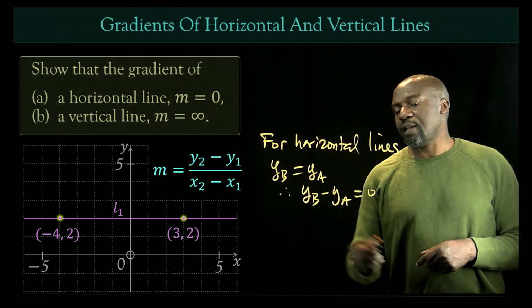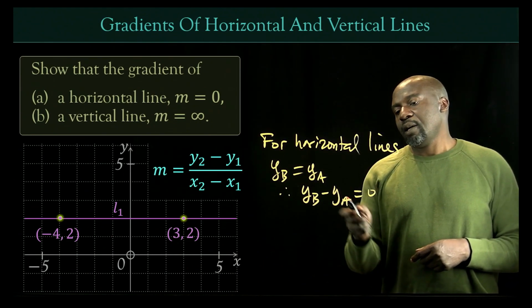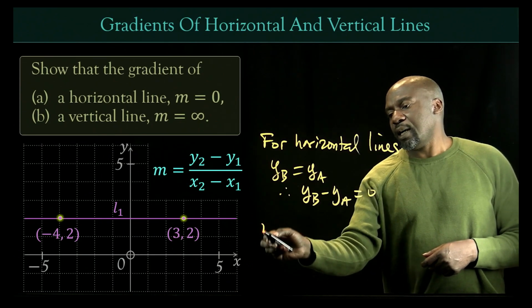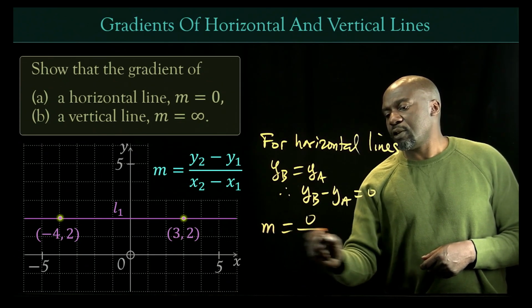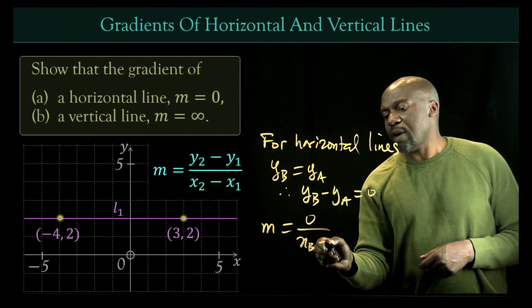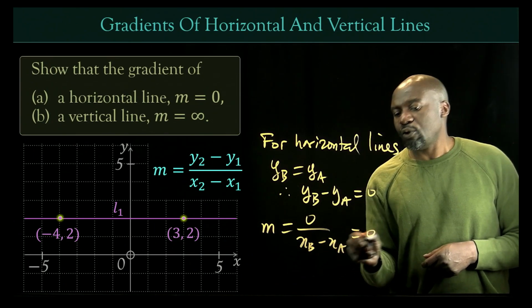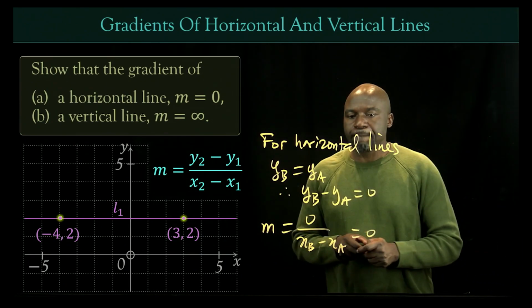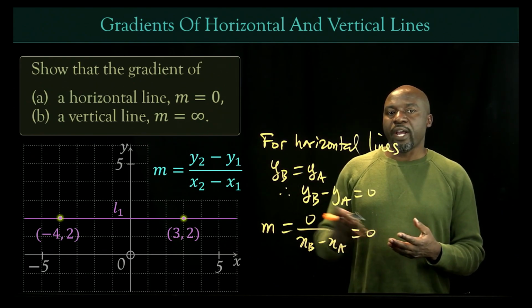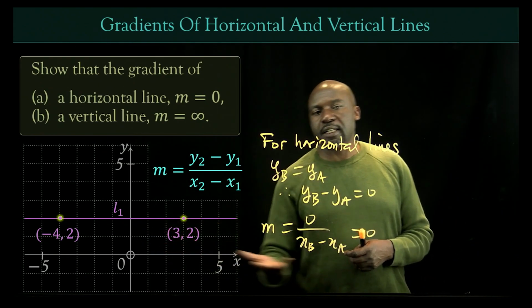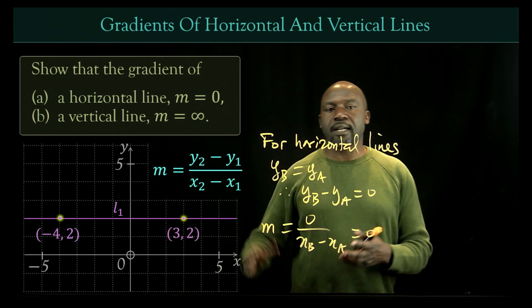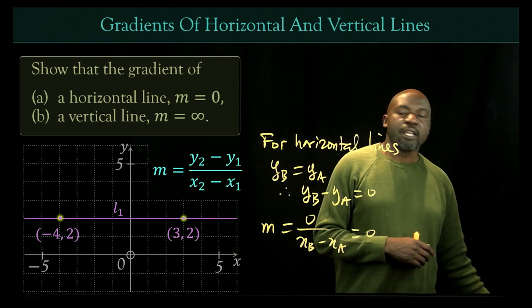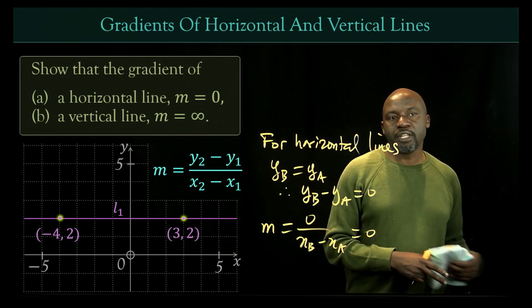So it doesn't matter whether there is an X value in the denominator. The gradient M is always going to be 0 over XB minus XA, and this is always going to be 0. So keep this in mind. It doesn't matter where that line is, provided it is horizontal, whether it's below the x-axis or anywhere above the x-axis, the y-coordinates are always going to be the same.